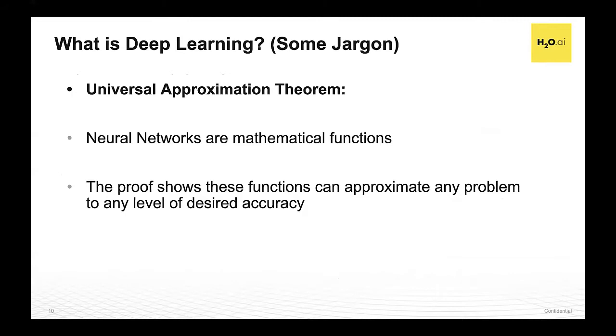This is a mathematical theorem which states that any function that is similar to neural networks can approximate any problem to any level of desired accuracy. So given that you can state your problem in the format of a neural network, you will be able to approximate any problem to a certain level of accuracy.